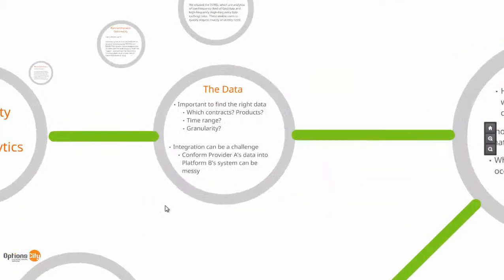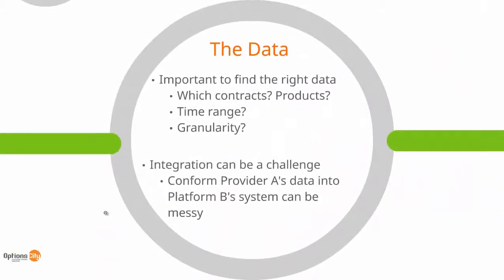So the first thing with any backtest that you have to obviously handle is the data. Jim gave us a pretty good introduction on what Vertex Analytics provides and how they answer some of the questions about data. Depending on what your backtest is trying to uncover or investigate, you're going to want to choose different contracts, different time ranges. Granularity is extremely important.